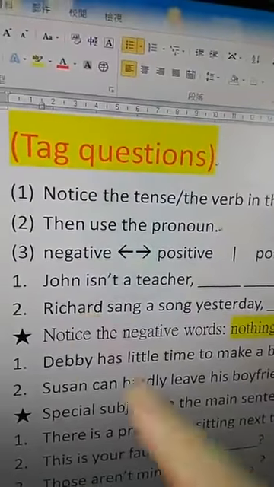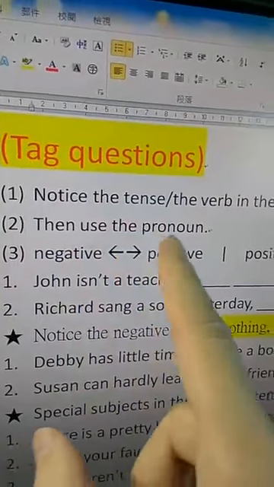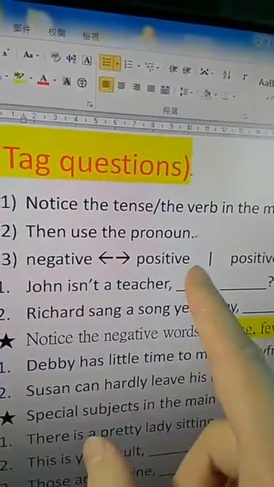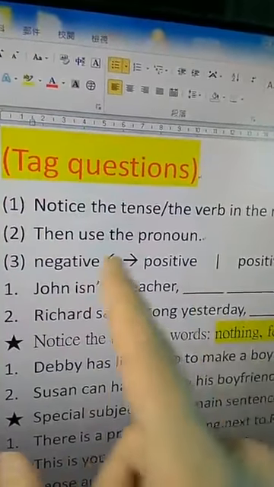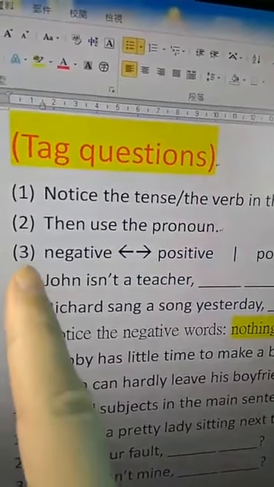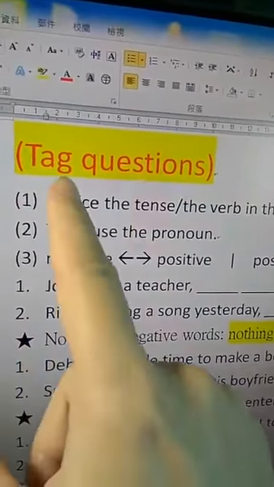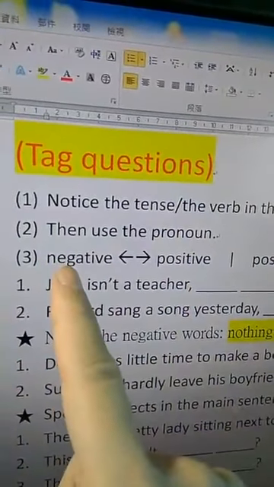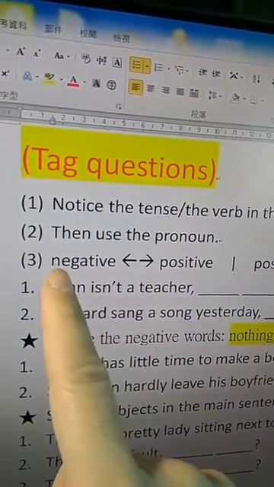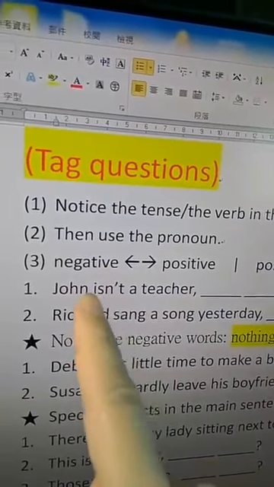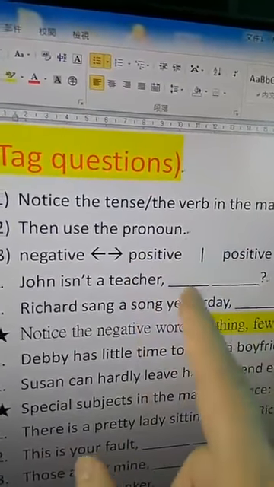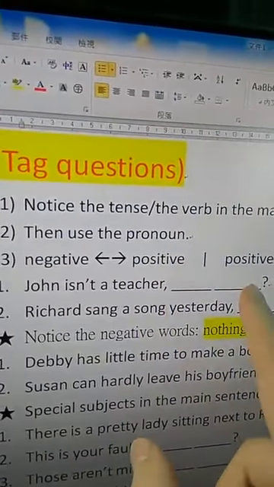And then you use the pronoun here, okay? You pay attention to the tense and the verb here, and then use the pronoun here. And rule number 3 for tag questions is that if the main sentence is negative like this one, then the tag question should use positive, okay?